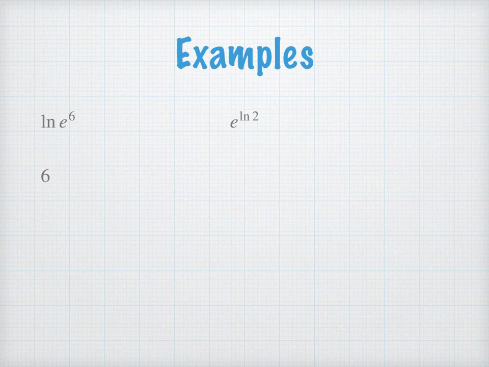Again, this is like one of our rules because the base for our natural log is e, so this would be 2. What if I gave you e to the natural log of the square root of 9? Well, again, this looks like one of our rules because the base for the natural log is e. So we'd have the square root of 9, but we know the square root of 9 is 3, so we would answer with 3.